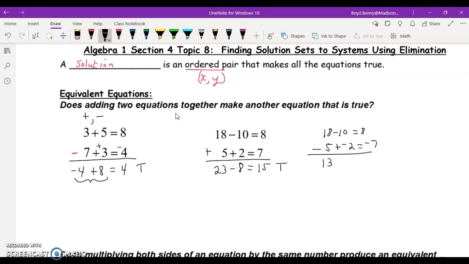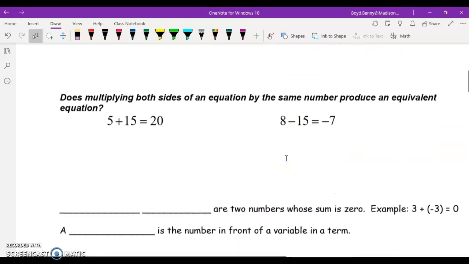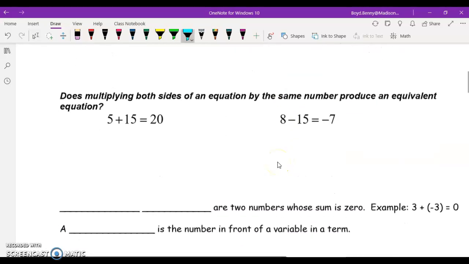Negative 10 plus negative 2, that would be negative 12. And 8 minus 7 would equal 1. So here's the question, is 13 plus negative 12 equal to 1? Well, yes, it is. So again, we see that adding or subtracting two equations gives us an equivalent equation, or another equation that's true.